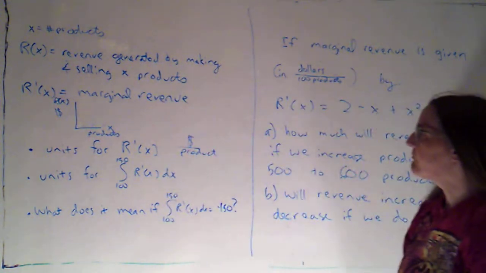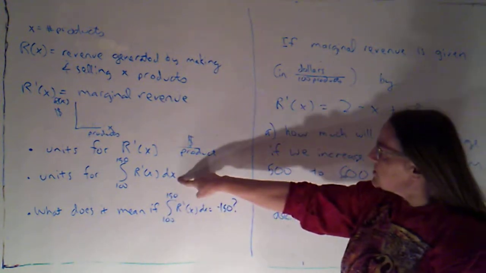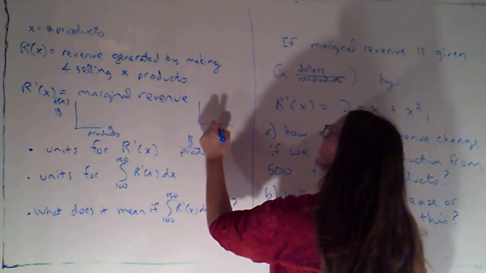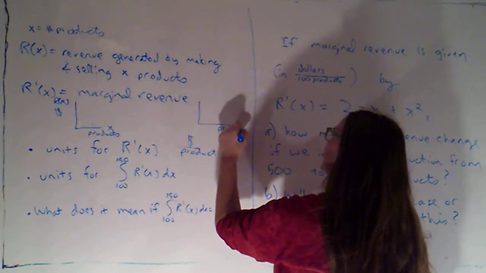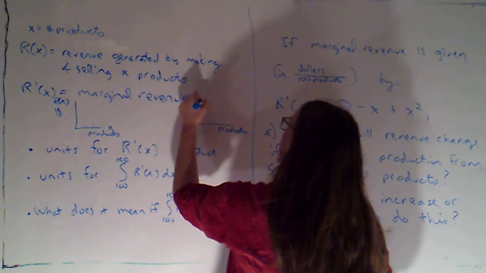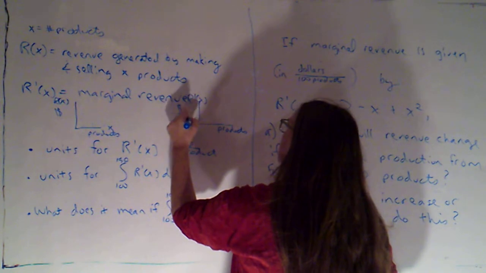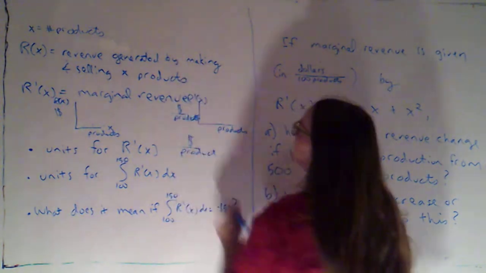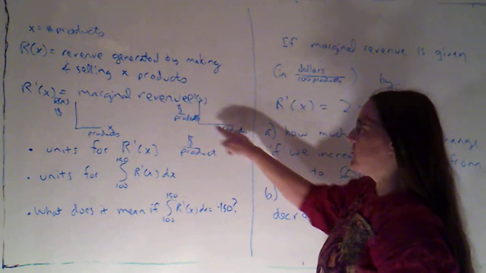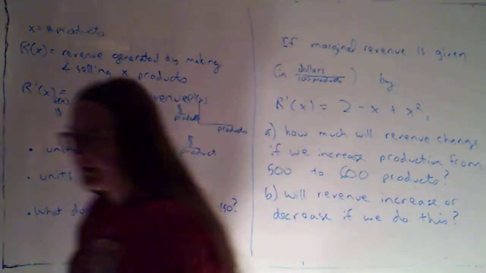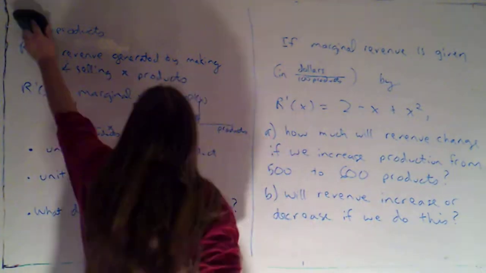Okay. Now, if I'm integrating that, now I've got products here, and I would have R prime of X here, and that would be in dollars per product. When I'm integrating, I'm going to multiply those units, because essentially what we're doing, let me clear some space so that I can show that.